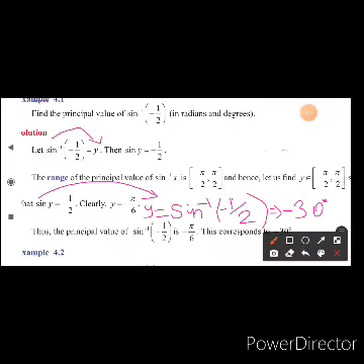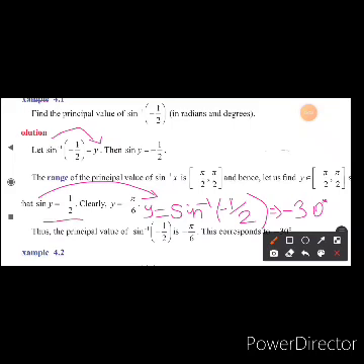The range of the principal value of sin inverse x is closed bracket minus pi by 2 comma pi by 2, and hence let us find y belonging to minus pi by 2 comma pi by 2 so that sin y is equal to minus 1 by 2. Clearly y is equal to minus pi by 6.